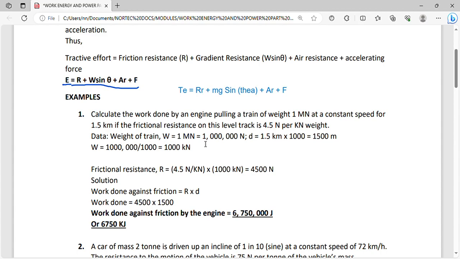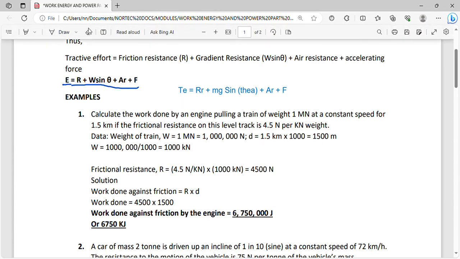Excellent. 6 zeros. Or Mr. Chewa, if I say 10 power 6, am I correct? Yes, sir. Excellent. So this is the conversion we have here. There is 1 million newtons. So here we've just done the conversion.